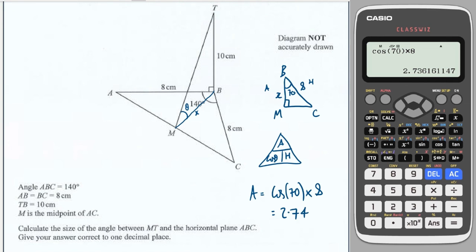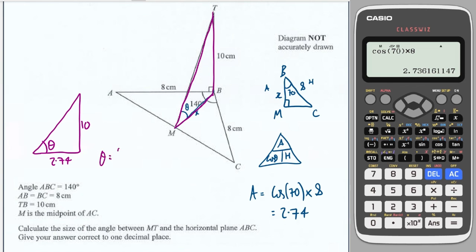Okay, now I can look at this triangle here and draw that right angle triangle over here. This is the angle which I need to find. The base is 2.74, we just worked that out, and that's 10. So we're going to use tan because we've got the opposite and the adjacent.